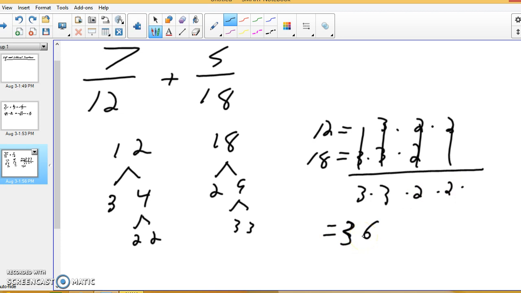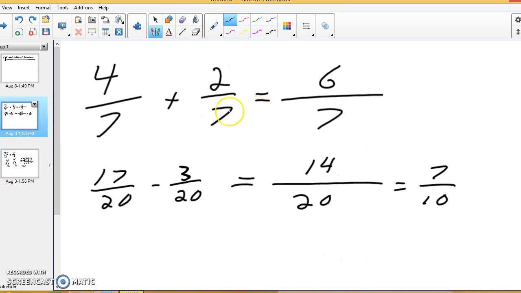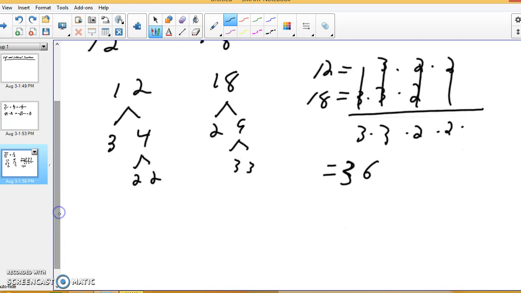So the least common multiple of 12 and 18 is 36. That means the least common denominator of our fractions is 36. So we want to create fractions that have the denominator of 36, because if they have the same denominator, then it's just like these simpler fractions where we can just add straight across.